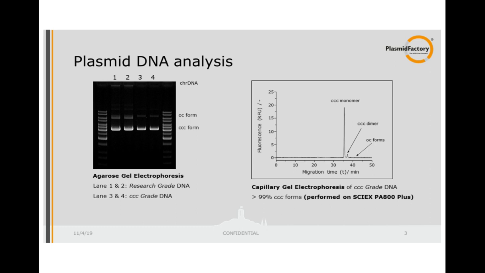And this is important because now the quality of 3 and 4 is representing the highest possible quality of a plasmid.